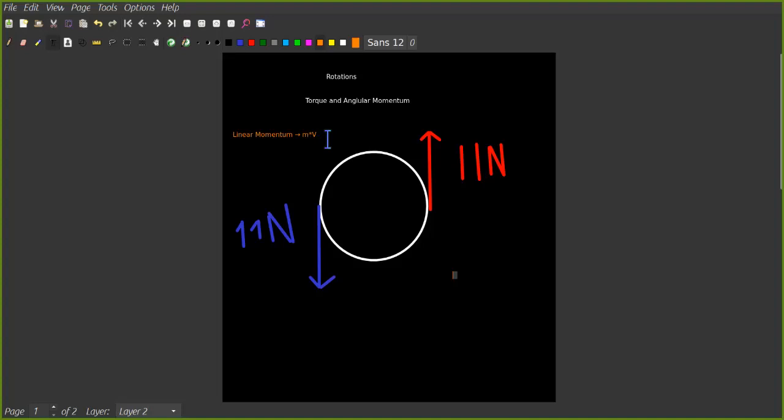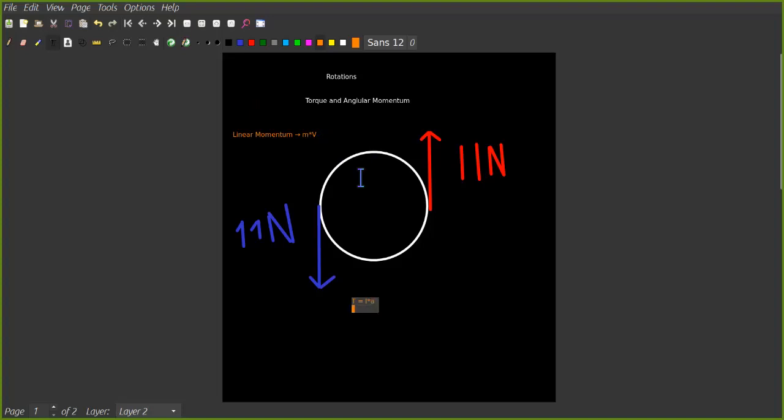Or we can use acceleration, which is the torque. I don't have Greek letters, but this would be a tau. Torque is equal to I, which is the moment of inertia, times alpha, which is the angular acceleration.